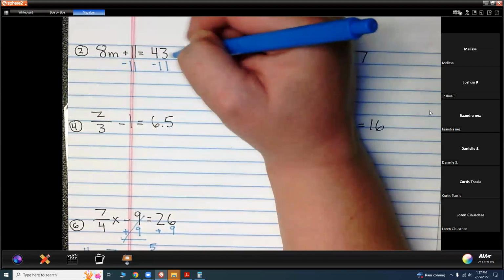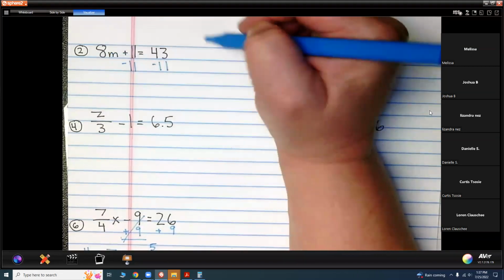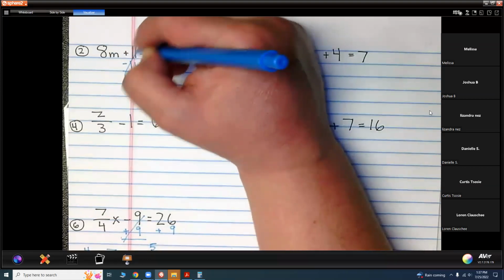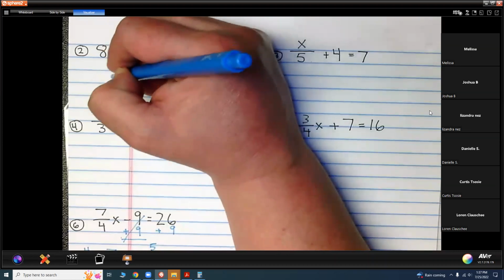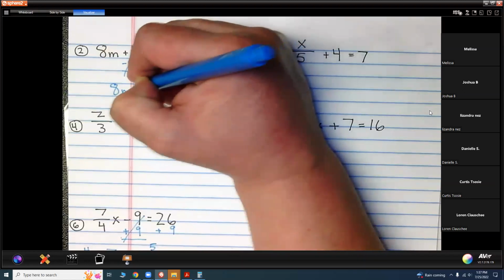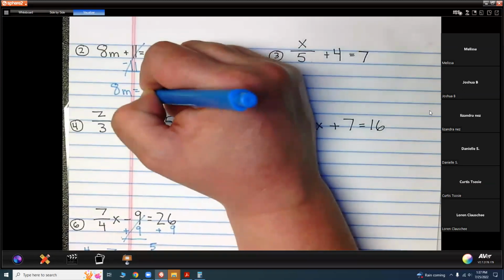Everyone hopefully remembers anything that happens on one side of the equal sign has to happen on the other side. Plus 11 minus 11 is 0, so that cancels out. So I'm going to bring down what's left over, which is my 8m, equals 43 minus 11 is 32.